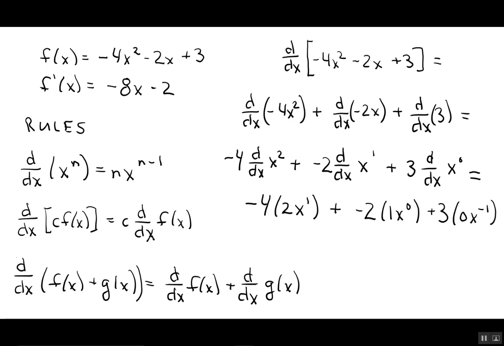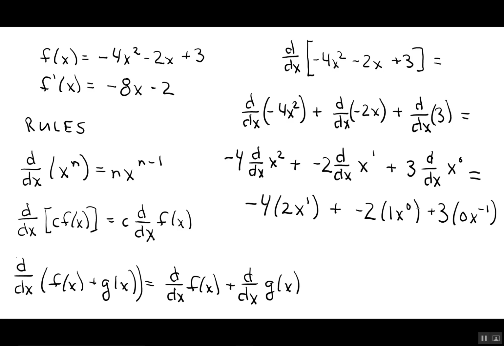I'm starting to run out of space here, but now applying the power rule to each of these terms, minus 4 times the derivative of x squared becomes minus 4 times 2x to the first. Minus 2 times the derivative of x to the first power becomes minus 2, 1 times x to the 0th power. And 3 times the derivative of x to the 0th power becomes 3 times 0 times x to the minus first power.